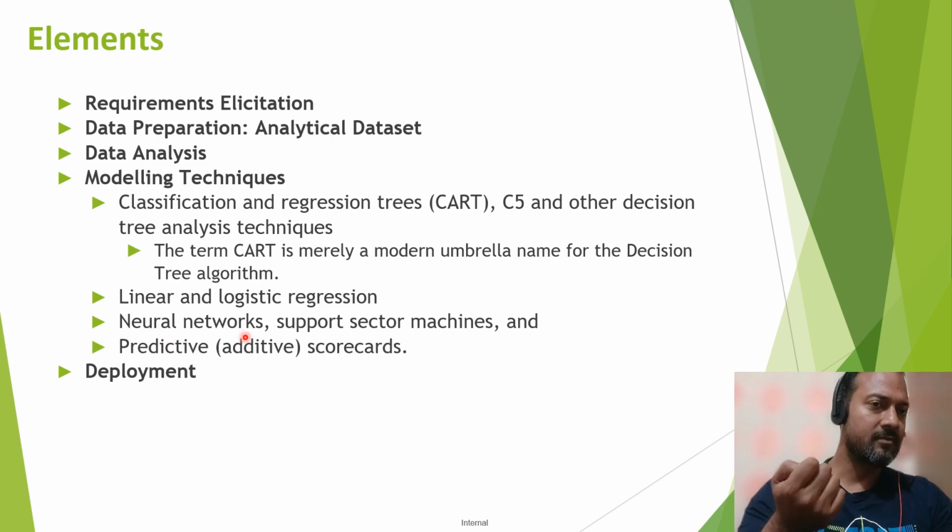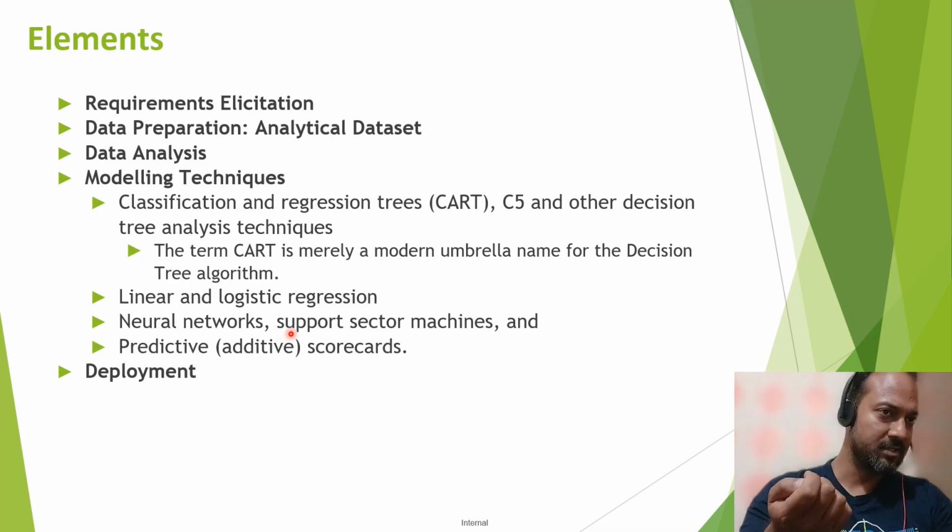Then the neural network, it's a kind of artificial intelligence or modeling technique we are using. This is not of much use for us. I'm expecting very few questions from this. Then the predictive scorecards. This is another way of analyzing the data in a scorecard format.